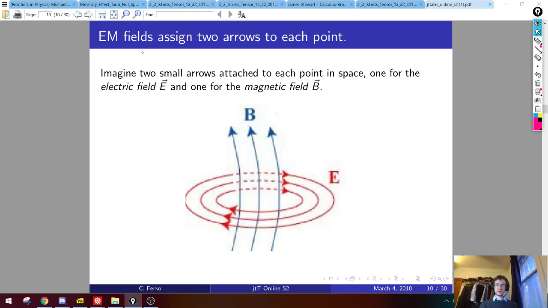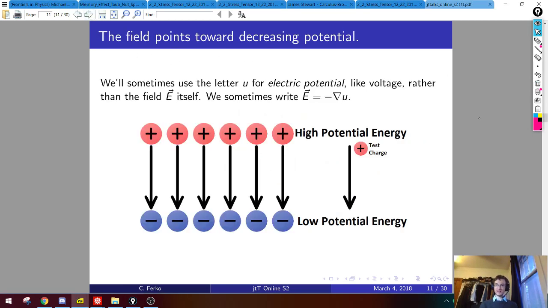Okay, good. So suppose we've done that. You might ask, are there rules governing these arrows? And the answer is yes. For instance, you may be familiar with the idea of a battery, or something which creates a potential difference in the electric field. If you have a battery or some capacitor, some apparatus that wants to generate an electric field, we sometimes describe this with something called an electric potential.